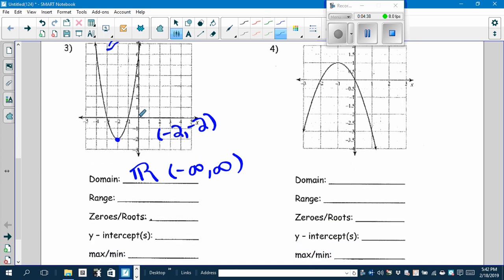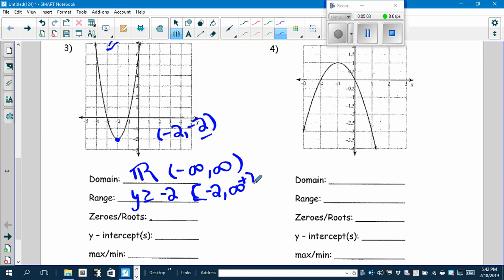So when we do that, my range, the y value right here is -2. So it's going to be y is greater than or equal to -2. All right. So if I was writing that in function notation or in interval notation, I would have a bracket because it's greater than or equal to the value of -2, and it goes to positive infinity.